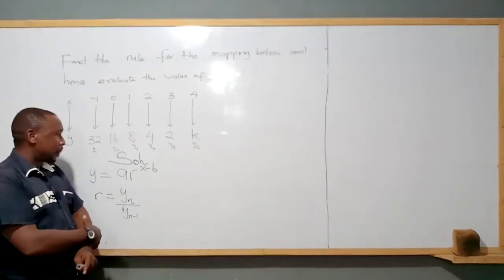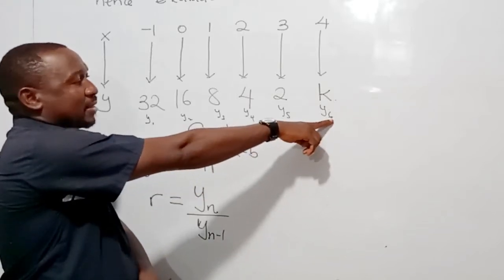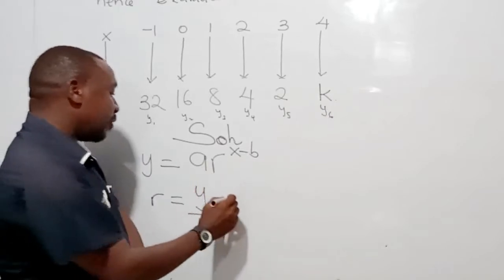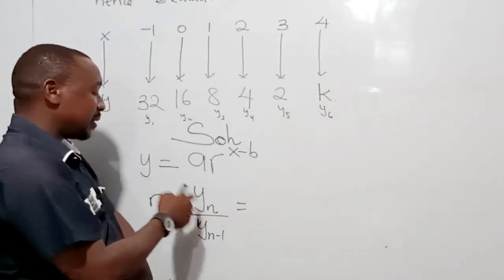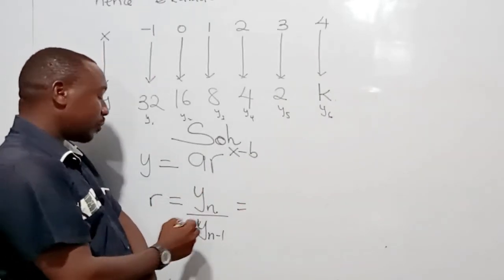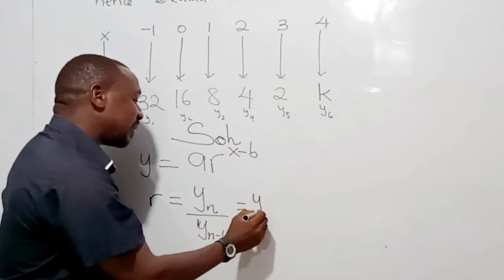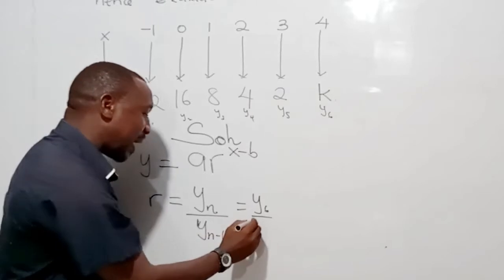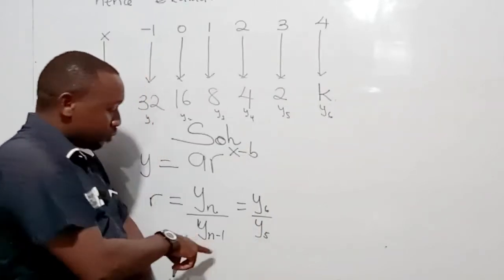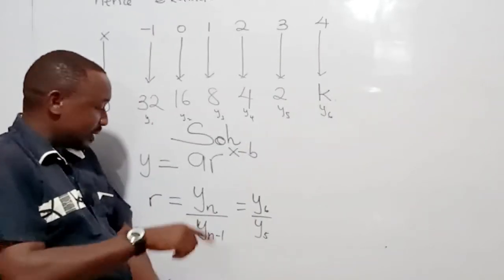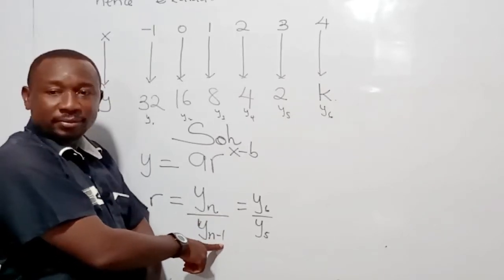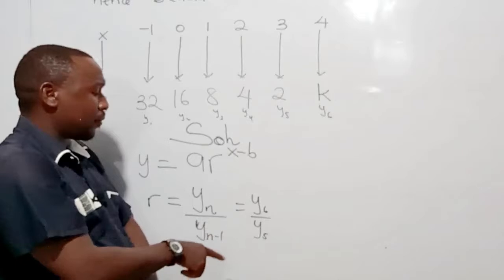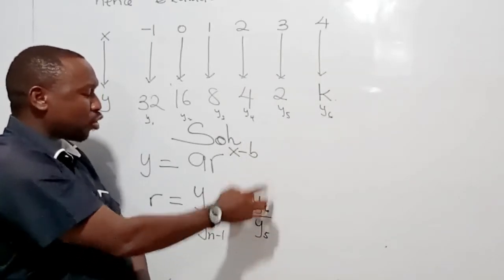What do we mean? Here is y 6. So if you put 6 here, it means that we'll be having y sub 6 all over y sub 5, because n minus 1 indicates that the n will reduce by 1. And this will help us find the common ratio.